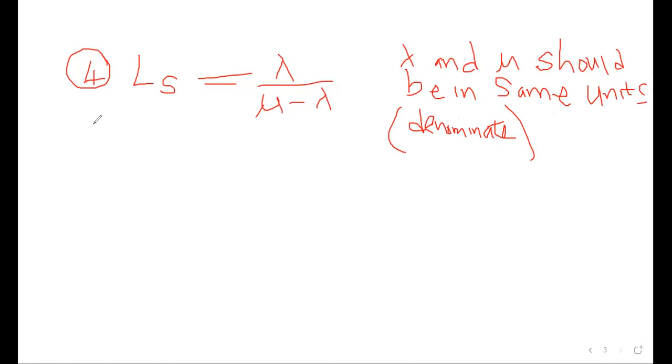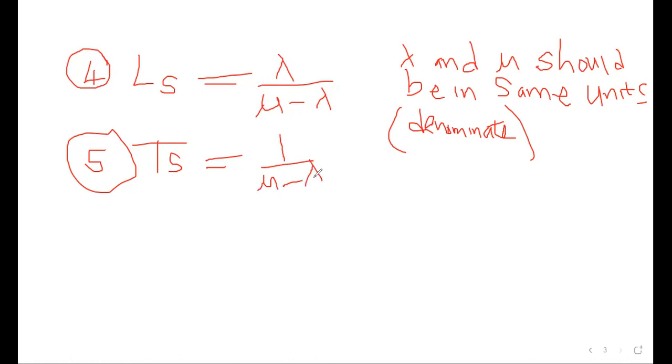Then we have the other formulas. There are only 7 formulas here for queuing theory, and the topic is over. Time in the system, the time that you spend in the bank or at an office when you go for a service, is given by this one.